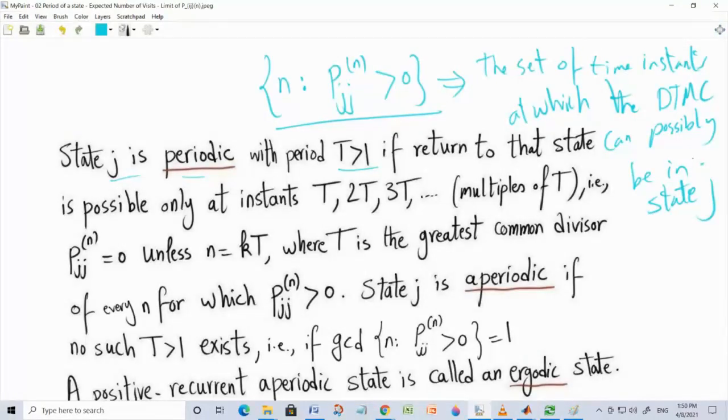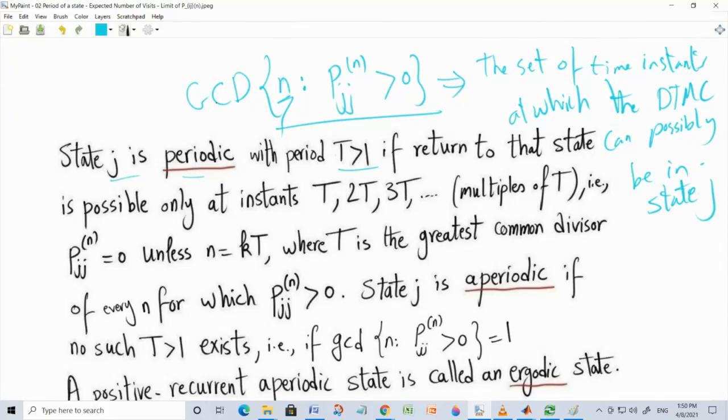These are all the values of n for which you can be in state j with a strictly positive probability. Now, if you take the GCD of those, this is the definition of the period of the state, so long as the GCD is strictly greater than 1.